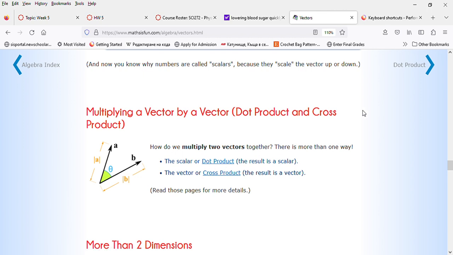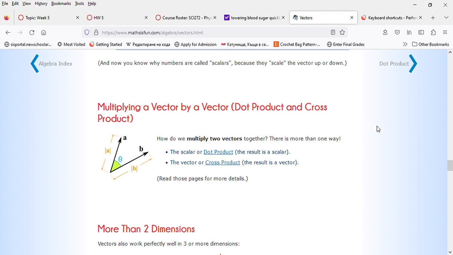I would tell you that physicists do not call it dot product. This is mathematicians because they care more about the sign there that you use. The physicists call it scalar product. And it's very useful because you know that you have to get a scalar. Yes, you're multiplying two vectors, but you're getting a scalar at the end.